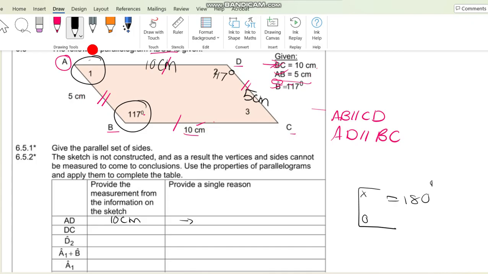So your answer there is 180 degrees. Co-interior angles. You're going to write it like this: co-open hoek, co-interior angles. AD is parallel with BC, and that's why those can be 180 degrees.